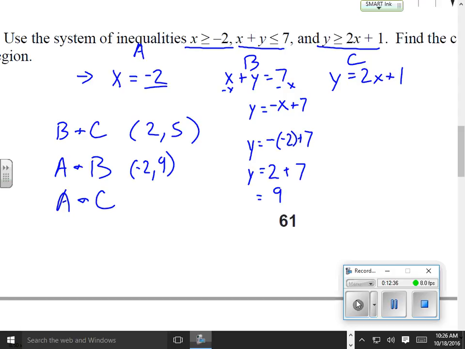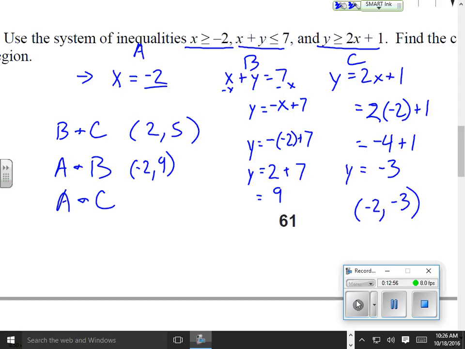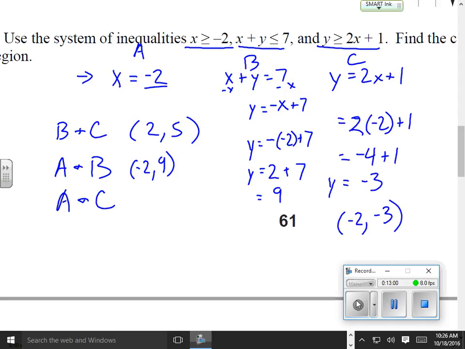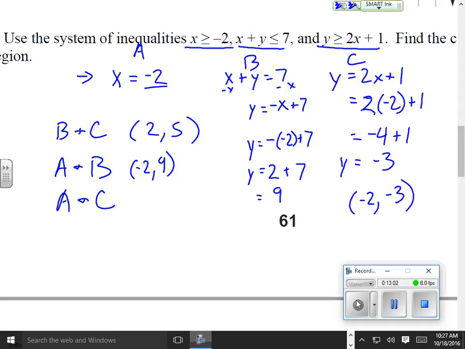Then I do the same thing with A and C. Put negative 2 in for x. So y would be negative 3. So we have the point negative 2, negative 3 as the point of intersection between C and A.